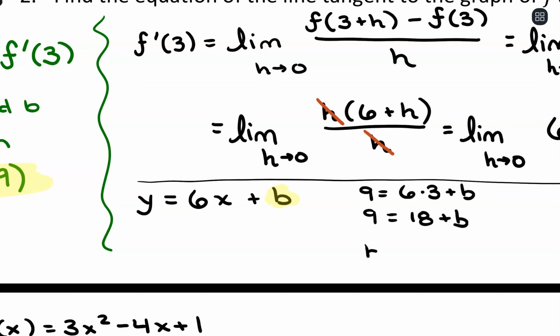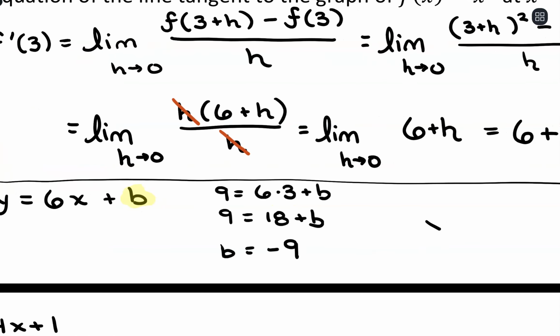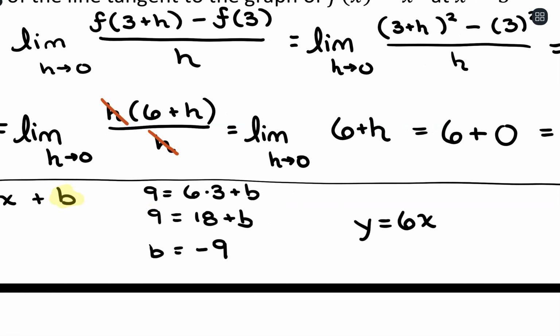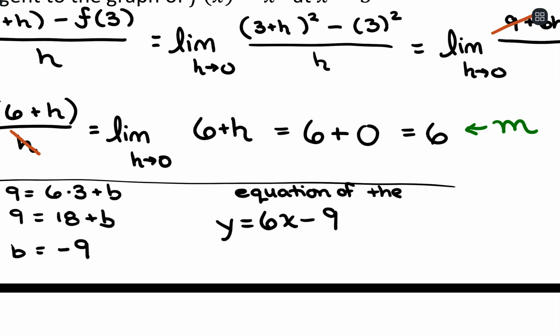Subtract 18 from both sides, which should be a negative 9. So that means our equation is y equals 6x minus 9, and this right here is the equation of the tangent line.